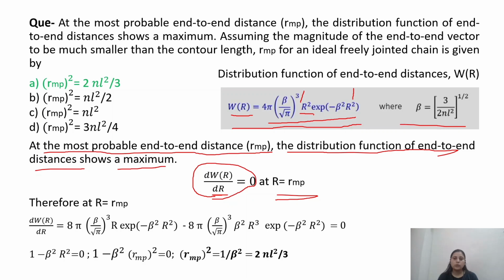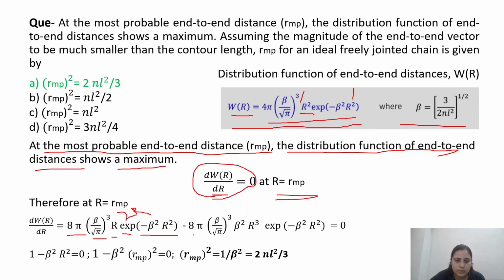So 2 multiplied with 4 gives 8 pi beta by root pi to the power 3, then r, then the exponent, the same minus beta square r square.